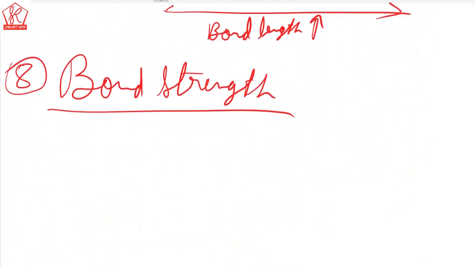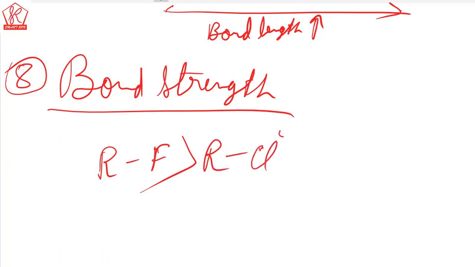The halogens which are smaller in size are strongly bonded with the carbon atom, and the atoms which are larger in size are weakly bonded with the carbon atom. So let me write down the order. RF has the greatest bond strength, then RCl, then RBr, and finally RI.